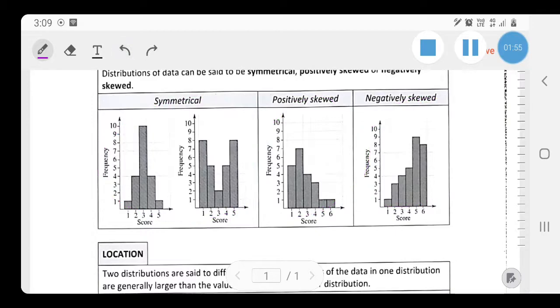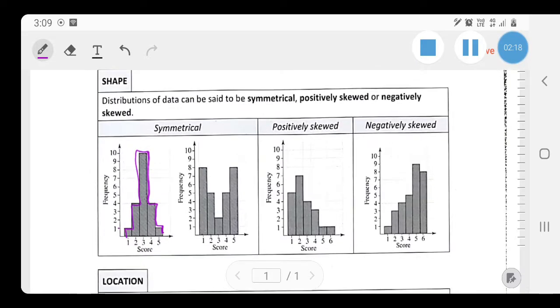Now, if your graph has a symmetrical step-like function like this, which kind of looks like someone sticking their naughty finger up at you, that's a rude way to put it, but a very good way to remember it, then we would describe the shape as being symmetrical.